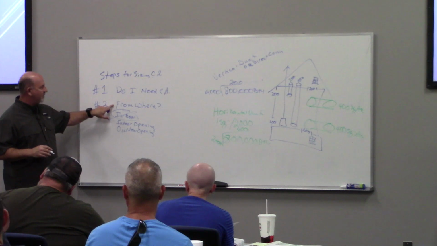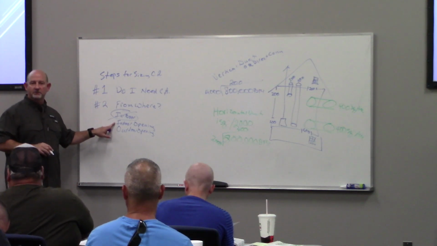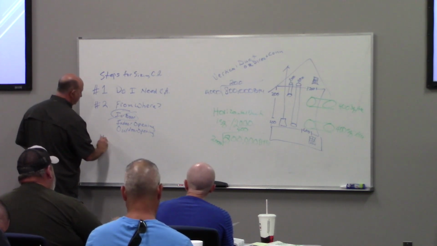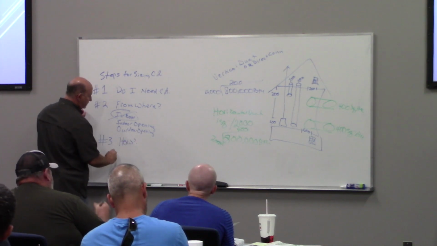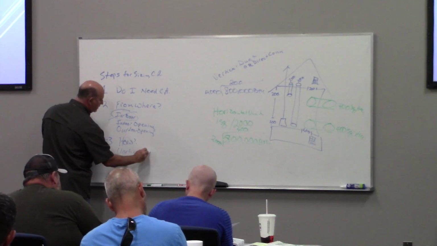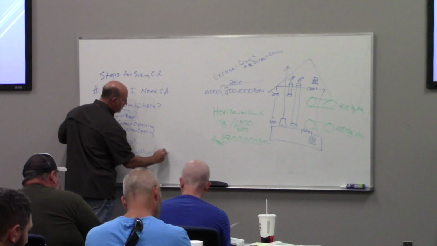If you need it, where am I getting it from? Do you agree? I either got to cut a hole on an indoor or cut a hole on an outdoor. Make sense? And then number 3, how am I getting it? Am I a vertical duct? Am I a direct communication?